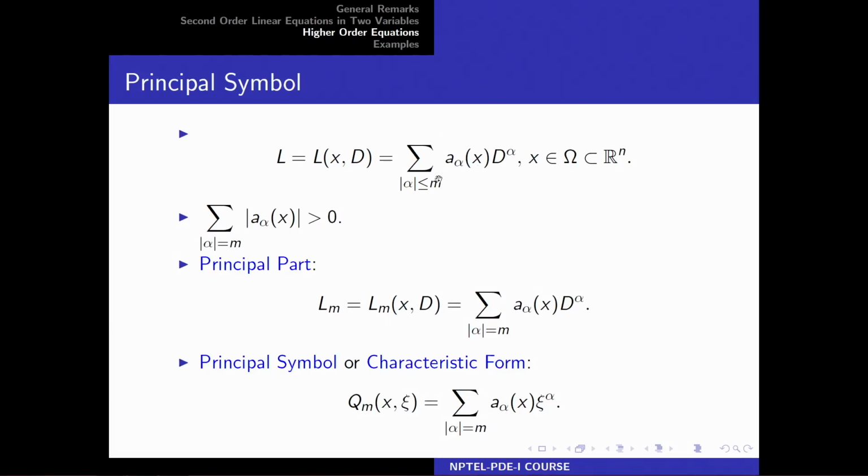And like we did in the second order case, this is a genuine mth order equation. So, at least one coefficient with mod alpha equal to m should be not 0, and that is the condition.